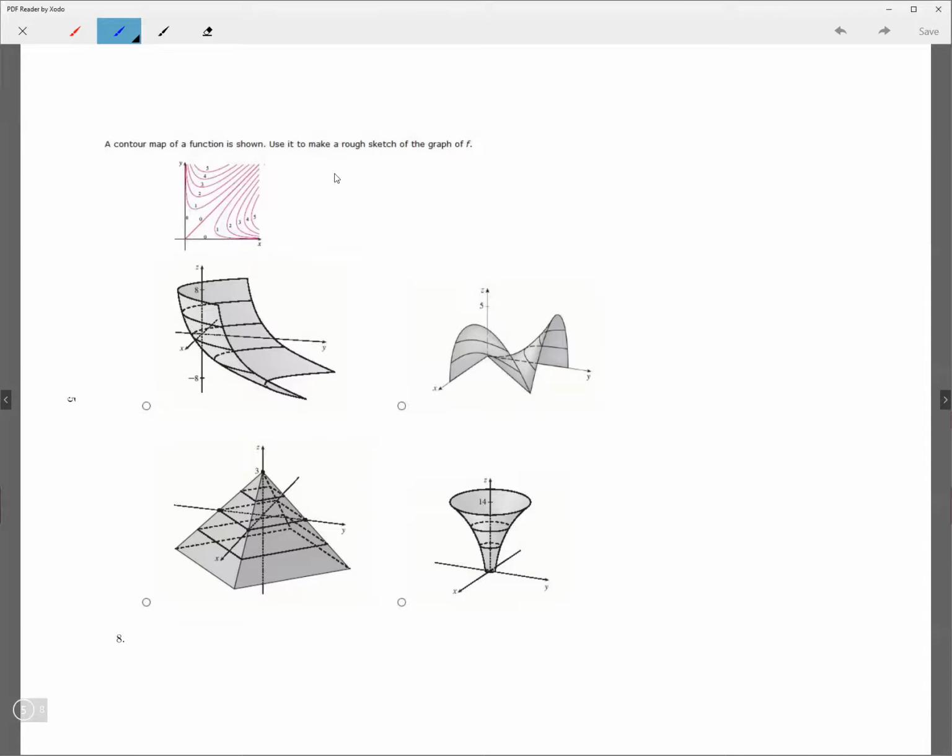And you basically have z as a function of x and y. The xy plane right here, you can think of the xy plane as being the domain. So the domain is equal to the xy plane.